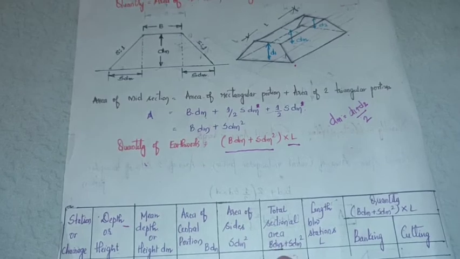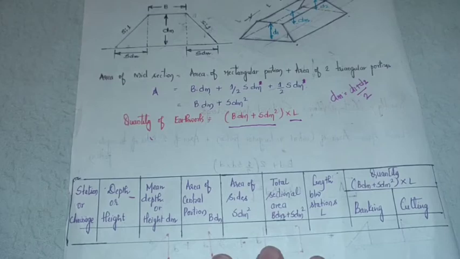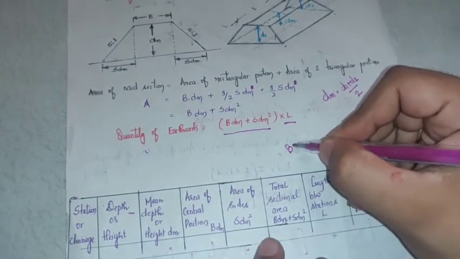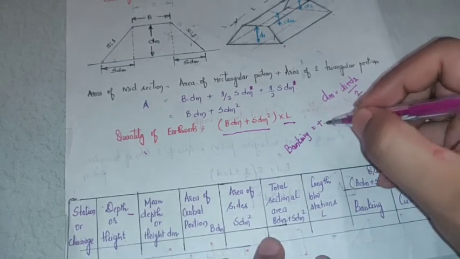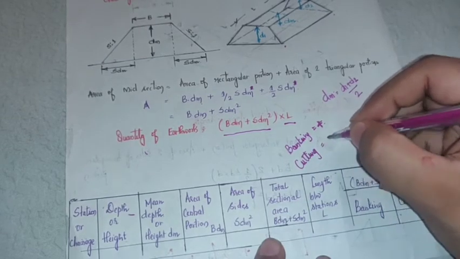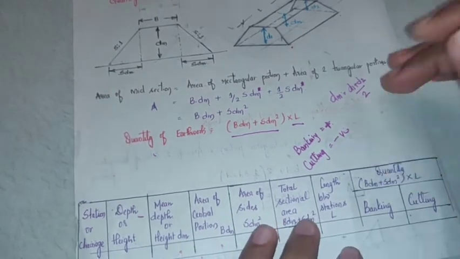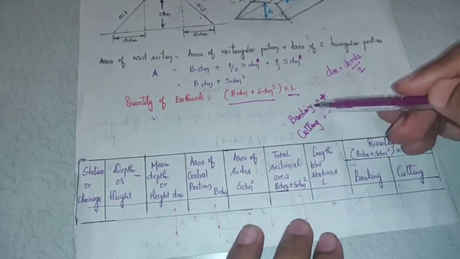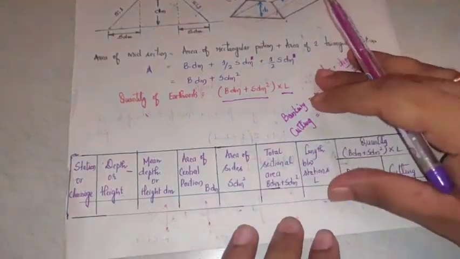If you get a combination of both, you have to be very aware about writing the depth in banking and the depth in cutting, because banking is taken as positive and cutting is taken as negative value. When you get the area of central portion B into dm, you have to again divide this into banking depths and cutting depths. You have to make two columns here, two sections, right?